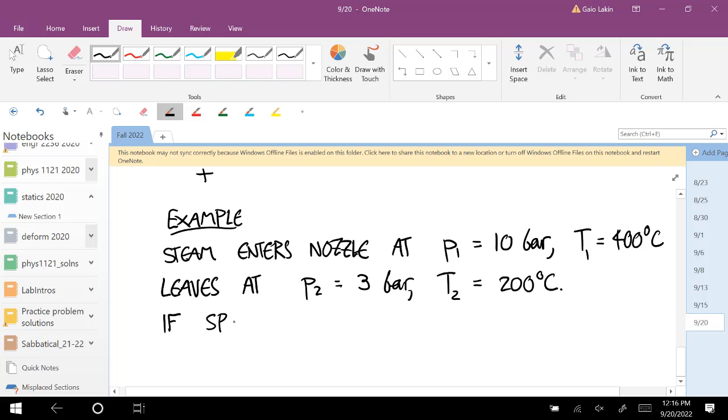If the speed at the inlet is 20 meters per second, what's the final speed?